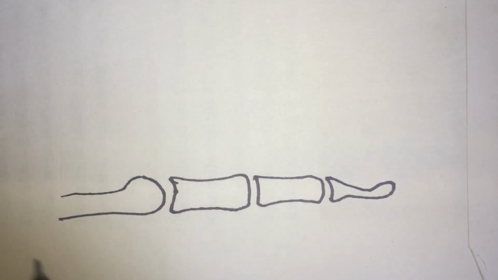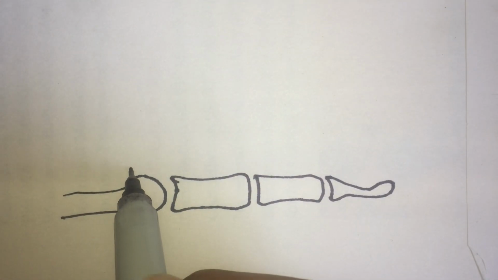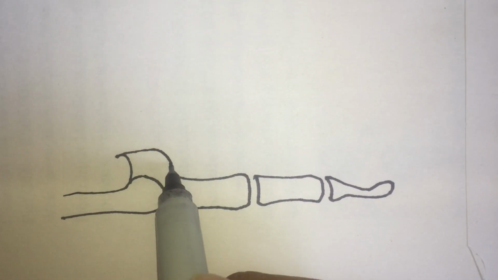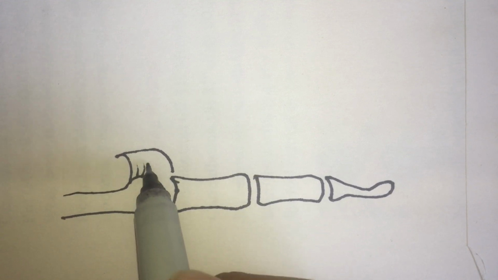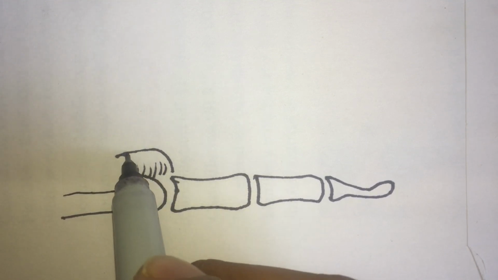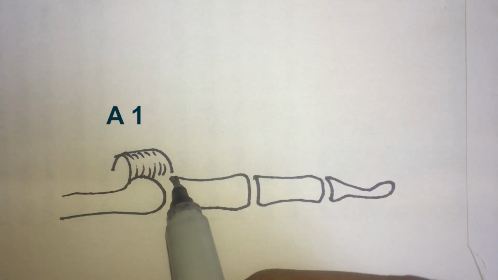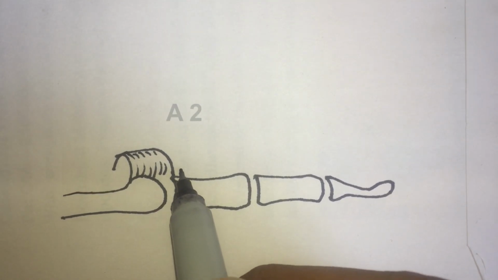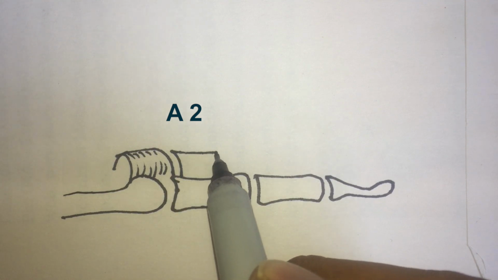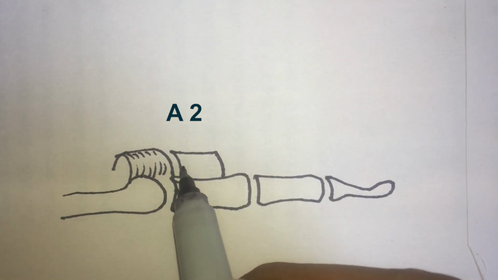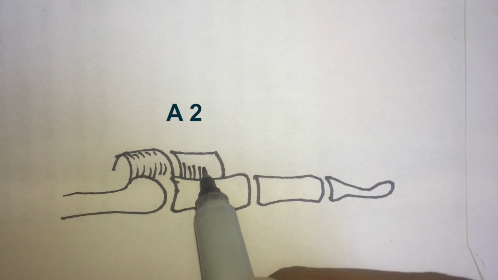This shows the metacarpal, proximal phalanx, middle phalanx and the terminal phalanx. Over the level of the metacarpophalangeal joint is the first pulley called the first annular pulley A1. The next pulley is over the proximal 2/3 of the proximal phalanx. This is the A2 pulley.